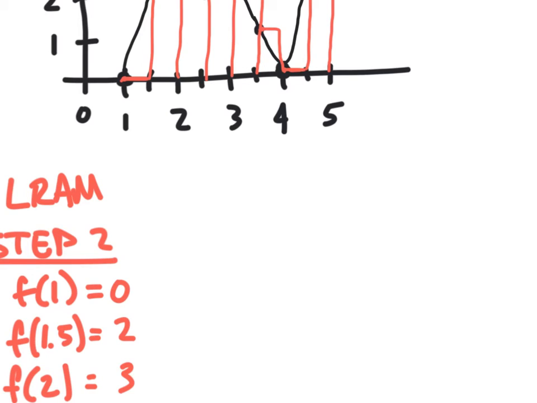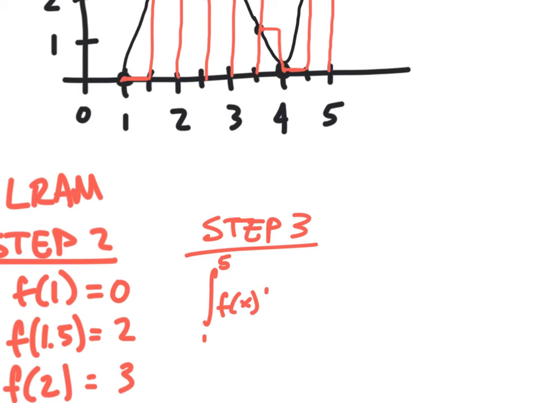For LRAM, I'm going to use red. Step 3 is I want to approximate the area from 1 to 5, that's my interval, under the function, the integral of f of x dx.